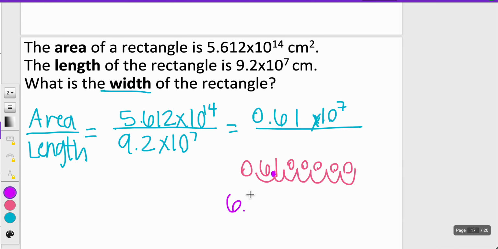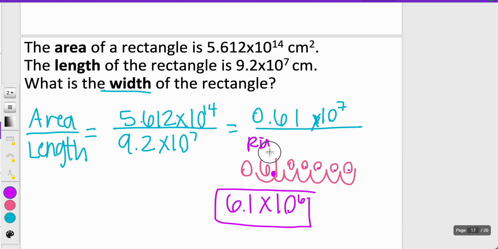Here at 6.1, and that's 1, 2, 3, 4, 5, 6. So that'd be times 10 to the 6th. Or we know that if we have to scoot to the right, we subtract the number of times we scoot to the right. So since I scooted to the right once, I subtract 1 from 7, and that is how I got my 6. Okay?